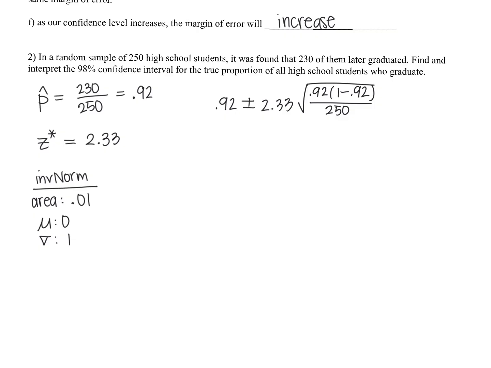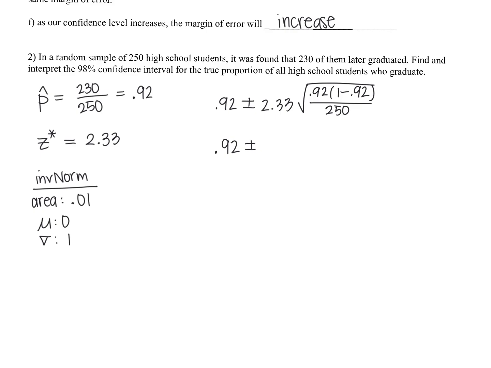When it comes to what I expect you to do on the quiz for work, if you don't have a specific p hat to start with, you need to calculate it. You do need to tell me the critical value. You do need to set up the confidence interval using the formula. You can go directly to the confidence interval itself after this, or you can do the part where you tell me what you're adding and subtracting.